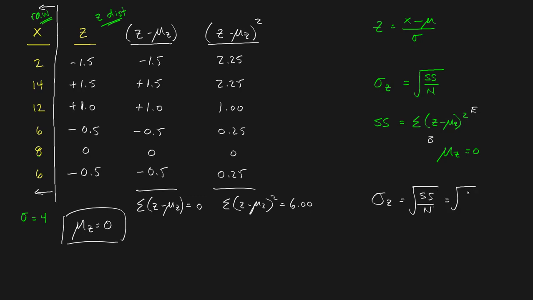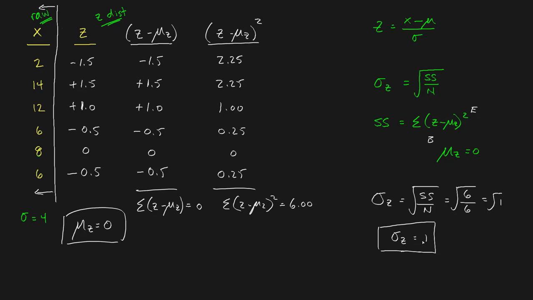That's going to be the root of 6 over, well, what is n? N is just the number of values that I was originally working with, and there are 6 of them. So this is the root of 1. The root of 1 is just equal to 1. So I get a standard deviation for my z-scores of 1.